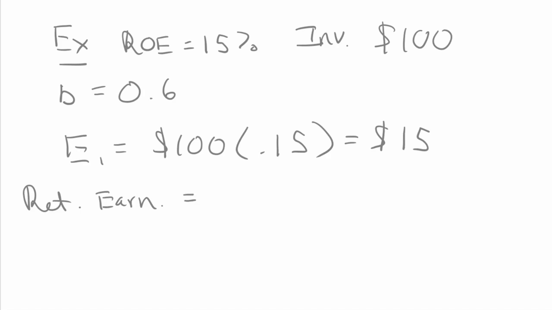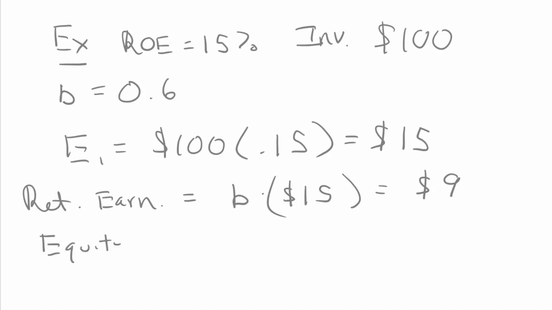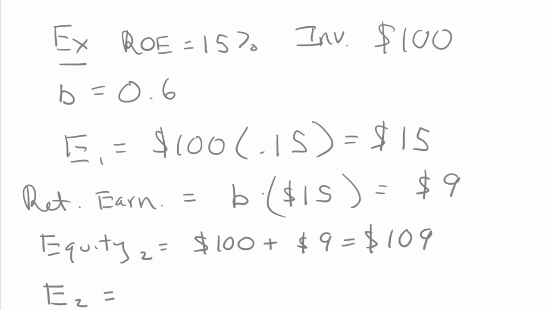Well, of those $15, I plow back 60%. So I retain $9. So therefore, my equity at time 2 is my original $100 plus the $9, or $109. I take that $109 and put it back into my factory and get out earnings at time 2 of $16.35.